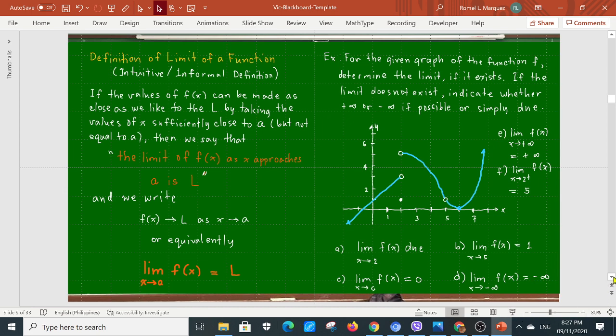Another graph on number 2. So this is number 1, and then number 2.